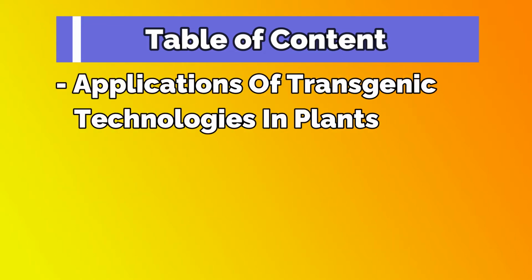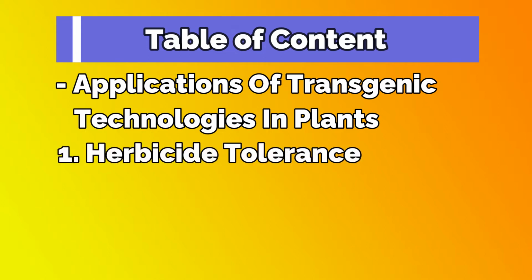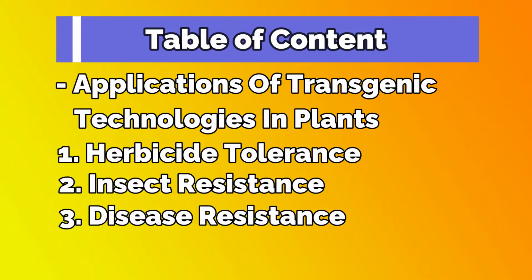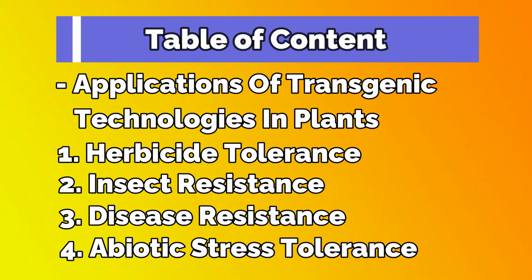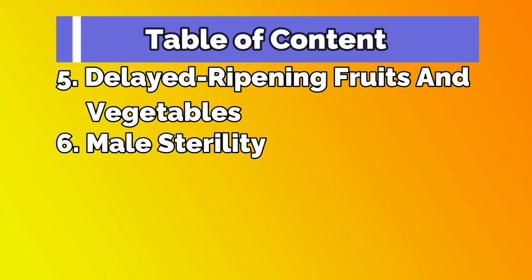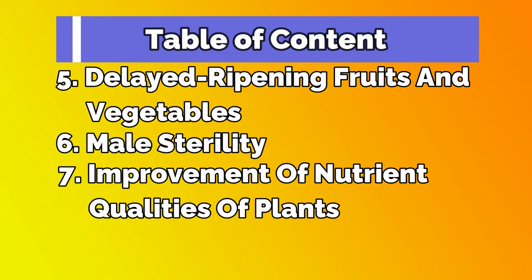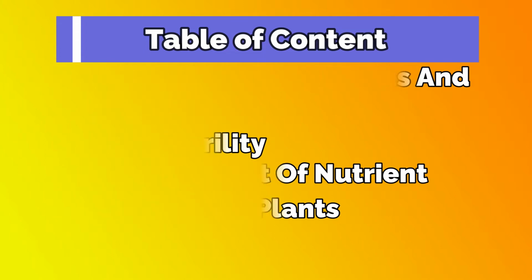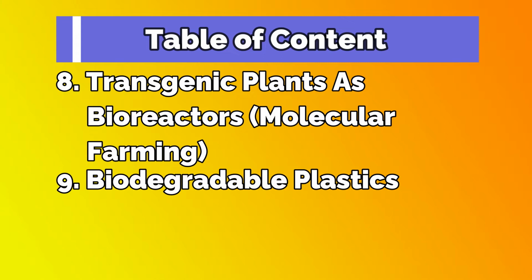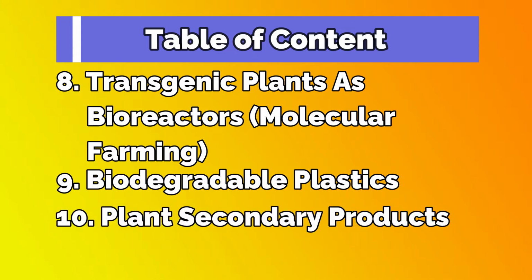Then we will head to applications of transgenic technologies in plants, which are herbicide tolerance, insect resistance, disease resistance, abiotic stress tolerance, delayed ripening fruits and vegetables, male sterility, improvement of nutrient qualities of plants, transgenic plants as bioreactors, which is molecular biofarming, biodegradable plastics, plant secondary products.